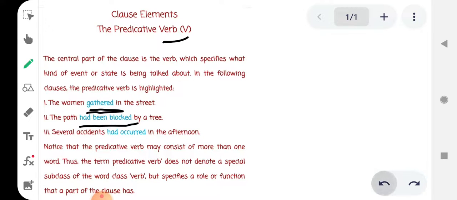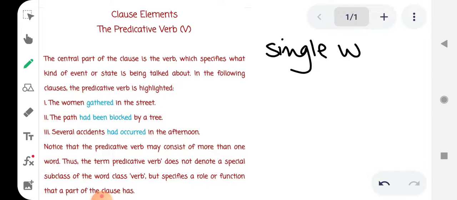Now we can observe one thing. In the first sentence, the verb is a single word verb.